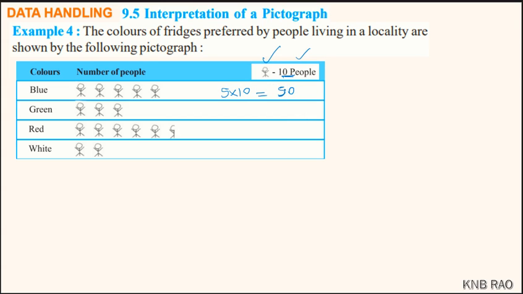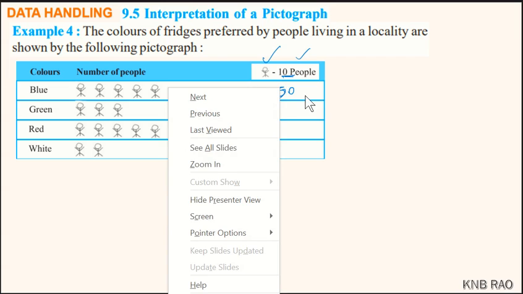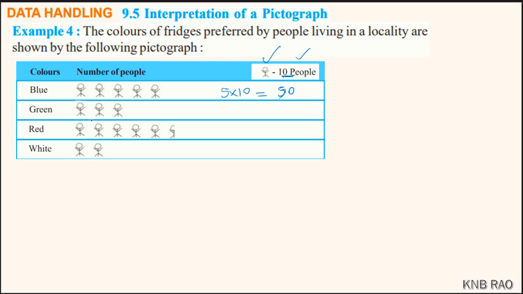Now we have 3 pictures drawn against the color green. That means 3 into 10, 30 people like green color. Whereas for red, you could see 5 fully drawn pictures, and this one is half drawn. That means it may be 5.